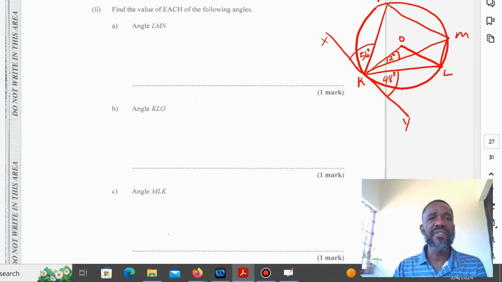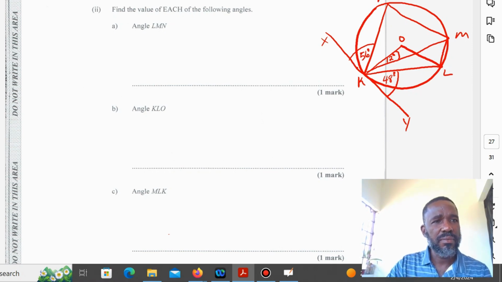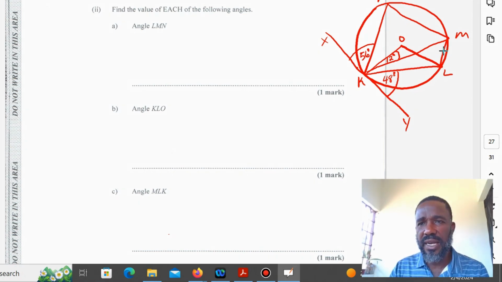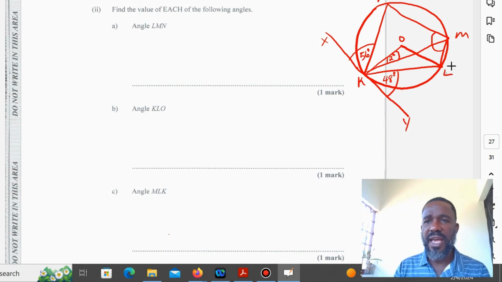It says find each of the values of the following angles. So we want to find the value of angle LMN. We want to find the value of this angle here. So what we need to recognize in this case is that here we have a tangent KL and we have another tangent KN.